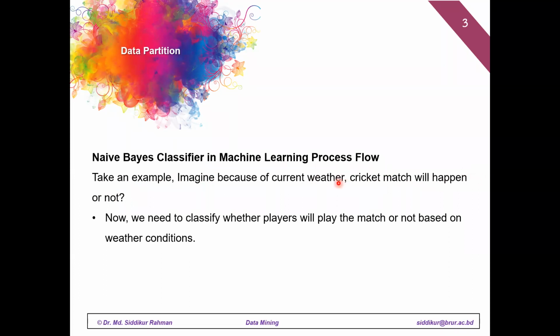It might depend on the weather condition. So you need to classify whether players will play the match or not based on the weather conditions. This is a classification problem because the outcome is whether the match is going to be held or not, right? So this is like the yes, no factor. This is a classification problem.